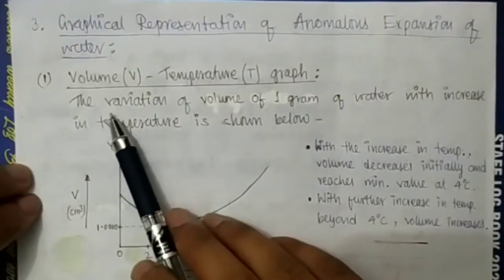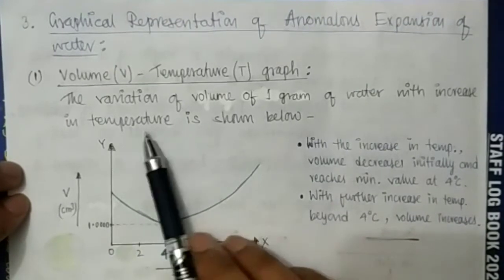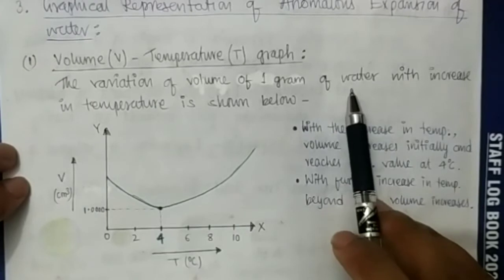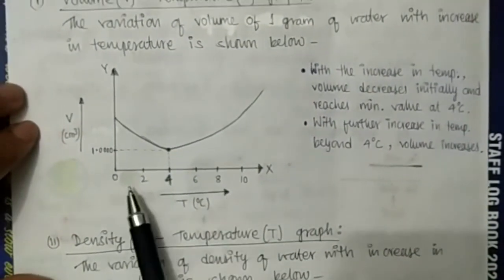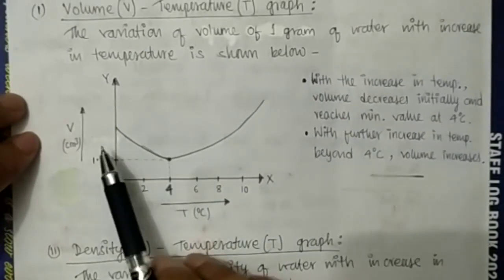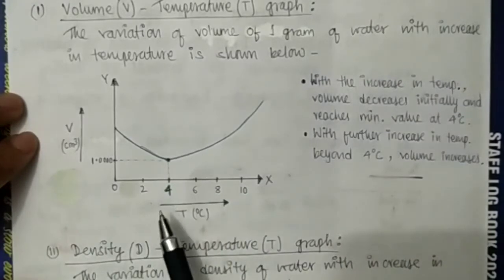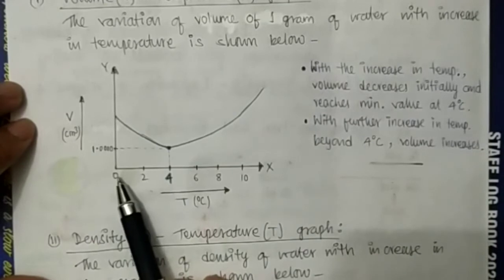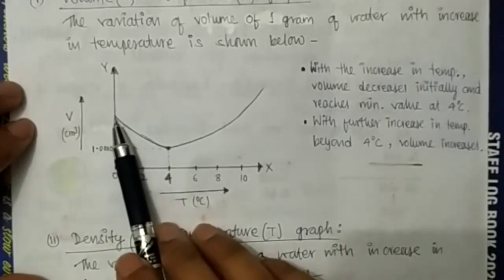This is the variation of volume of 1 gram of water with increase in temperature. It means that we are taking 1 gram of water and we are heating this water. That means the temperature will increase. So with the increase in temperature, what will happen to its volume is what we are going to find out here. As you can see, when we are heating water from 0 degrees Celsius to 4 degrees Celsius, water contracts.